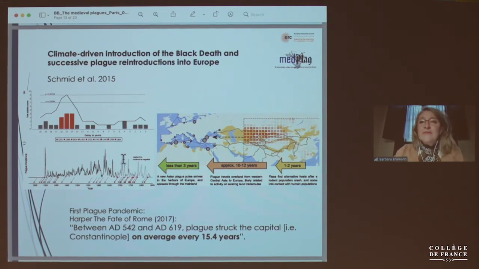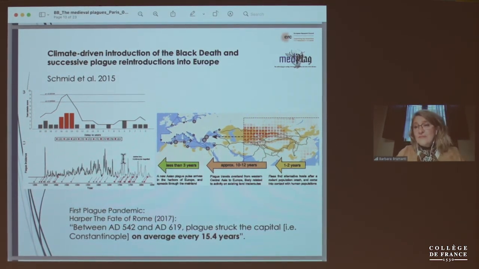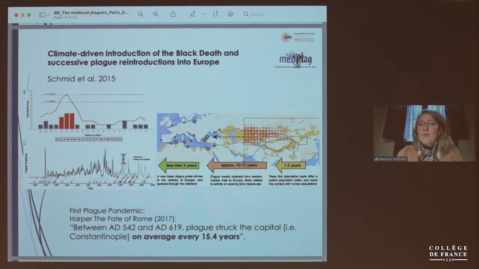For instance, we have analyzed the presence of some climatic change in Europe during the period of the second pandemic and in Asia. We have found no signal in Europe that can justify the presence of a local reservoir, but we have found a lot of signal in Asia, which precede epidemics in Europe of about 15 years.